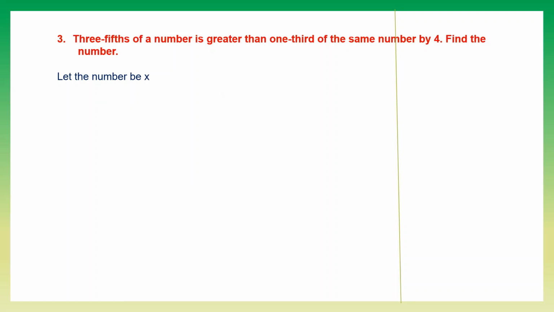Question 3. 3/5 of a number. So let the number be x. So 3/5 of that number is greater than 1/3 of the same number by 4. Find the number.